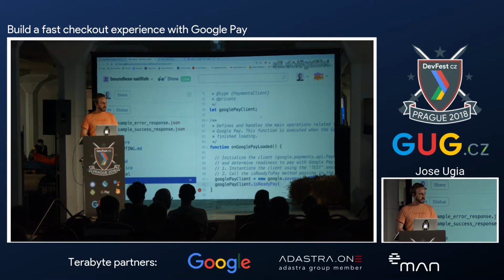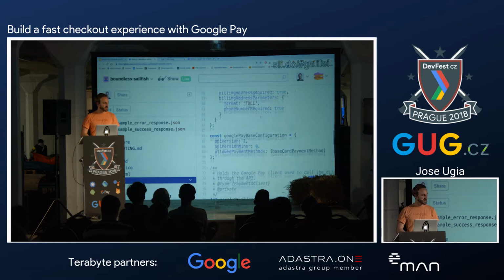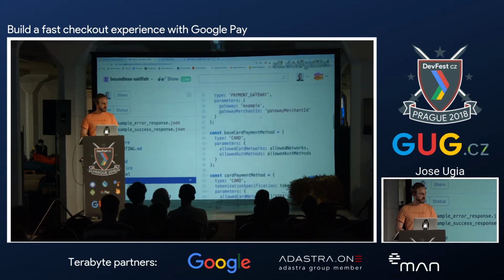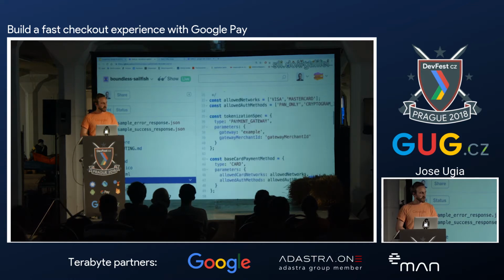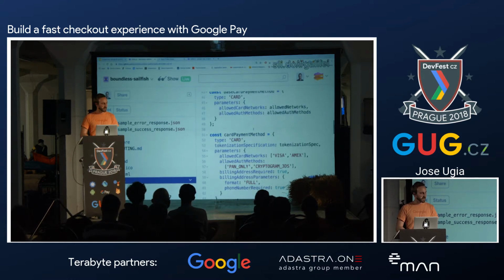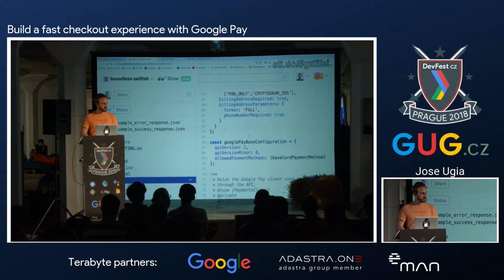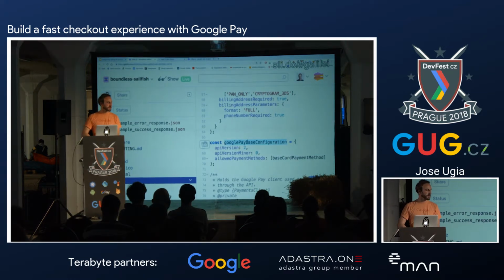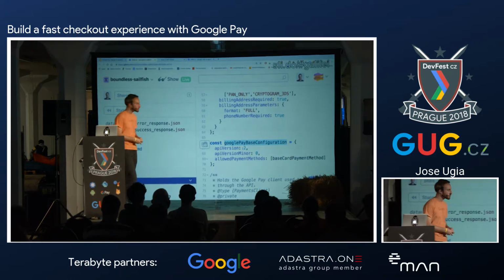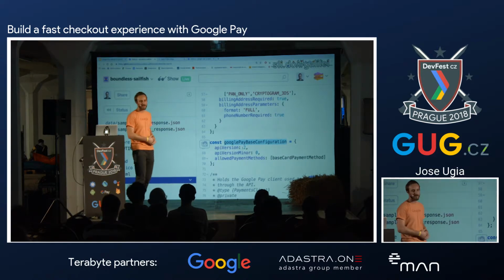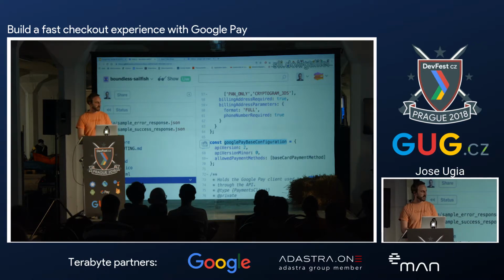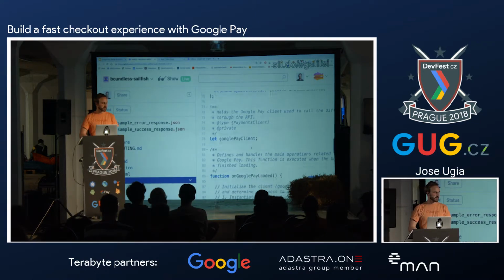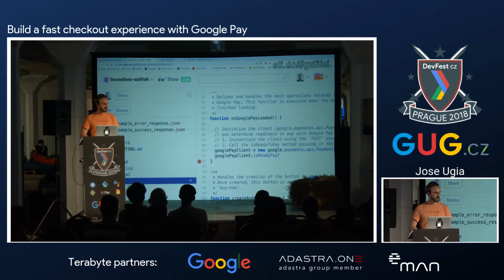Perfect. To isReadyToPay, we're going to pass some configuration, something that tells us whether our user is ready to pay with Google Pay. That's going to be this pay configuration. It's something really basic: we're just determining the API version and some allowed payment method options in my website. I'm going to pass that to isReadyToPay.